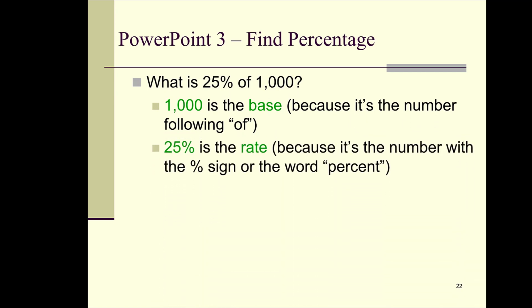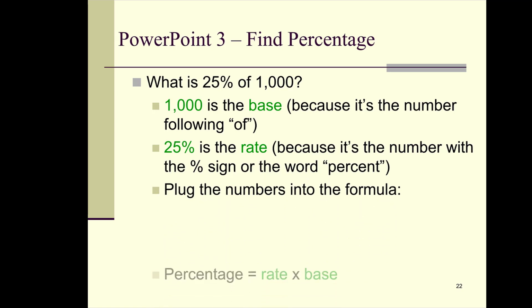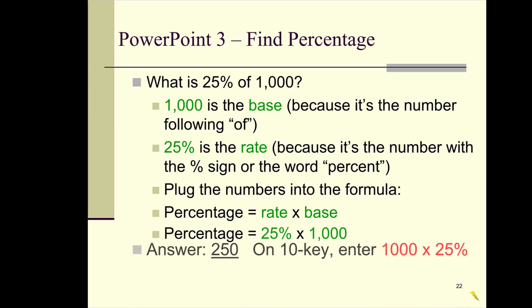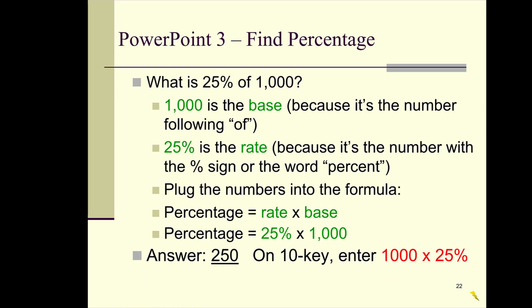And because 25% has the percentage sign, it's the rate. So we're going to plug the numbers into the formula, and the formula is percentage equals rate times base. So the percentage equals 25% of 1,000, and on our calculator, that's 1,000 times 25. Hit the percent key, and you get 250 is the answer.